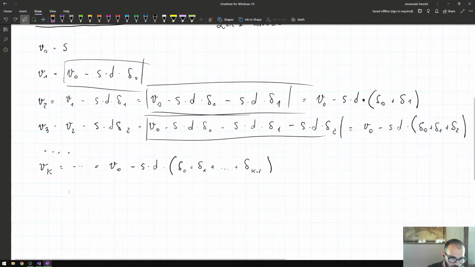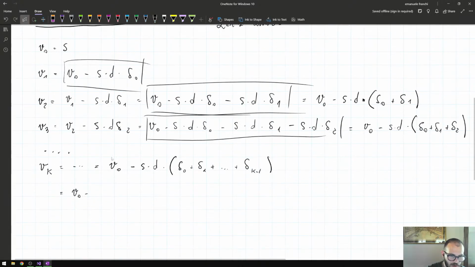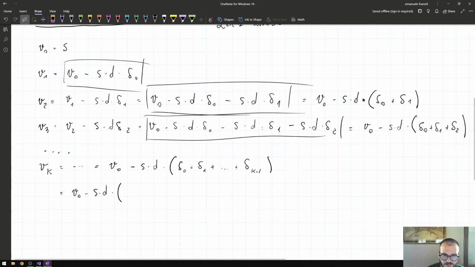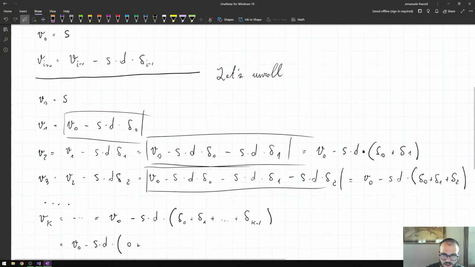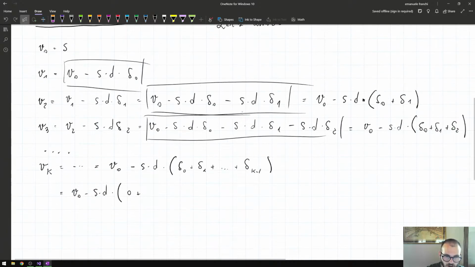How did we define the deltas? So you have something like V0 minus S times D times delta 0, which is 0, plus delta 1, which is t1 minus t0, plus delta 2.